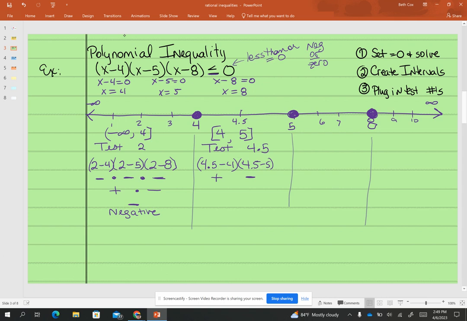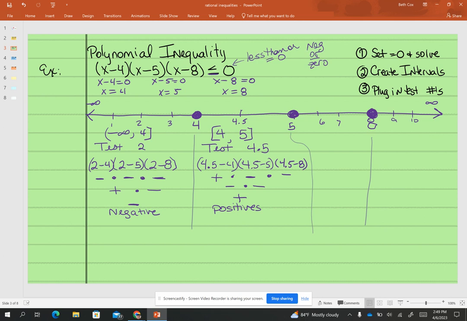And if I did 4.5 minus 8, that's also a negative. So again, that's the reason why we don't actually do the numbers. We don't need to know this crazy decimal here. But a negative times a positive is a negative, and a negative times a negative is a positive. So I get a positive in this situation.